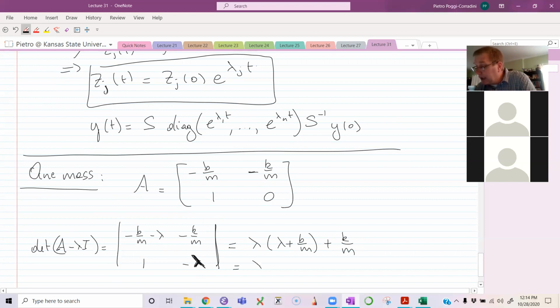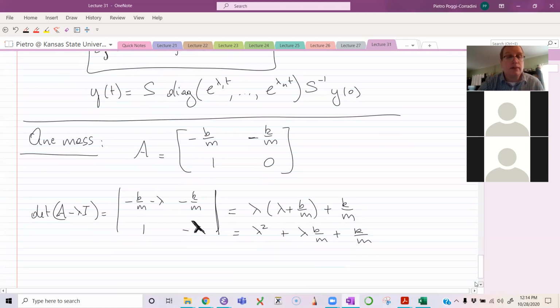Or in other words, lambda squared plus b over m lambda plus k over m. All right, so we have a nice quadratic polynomial.